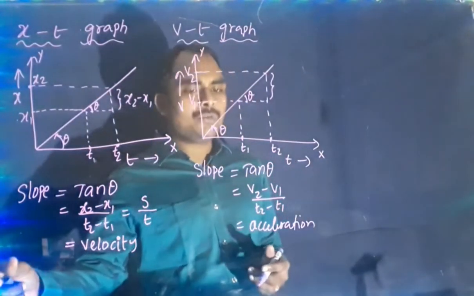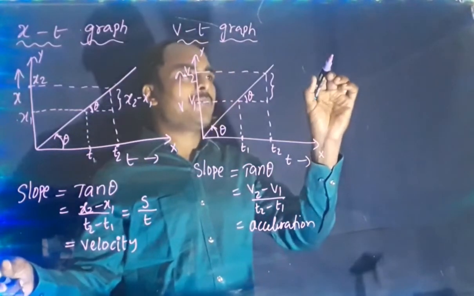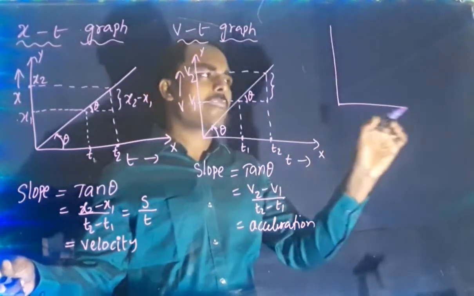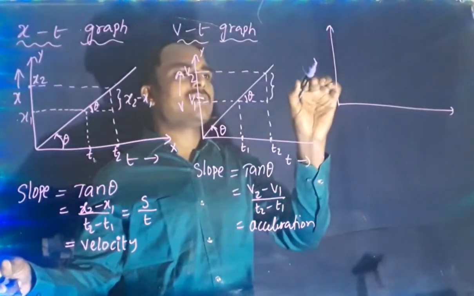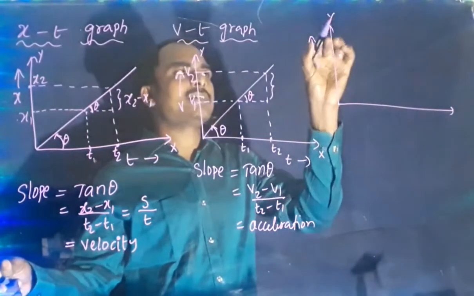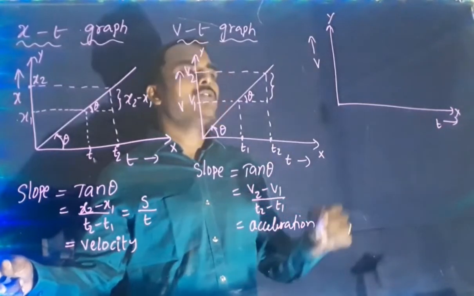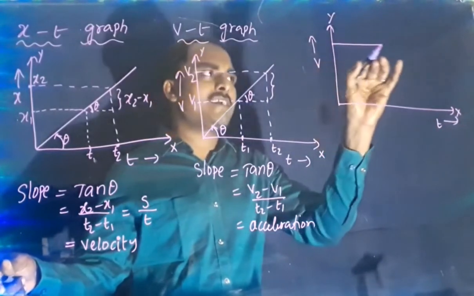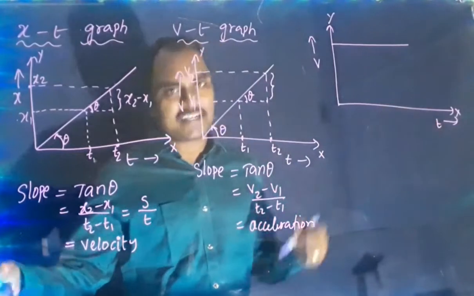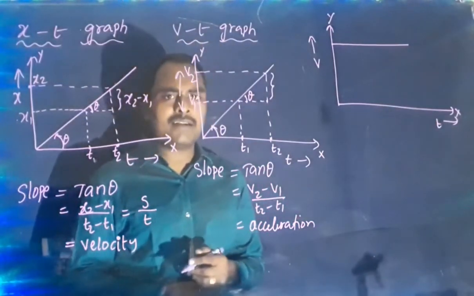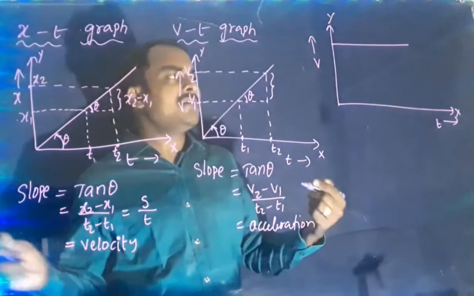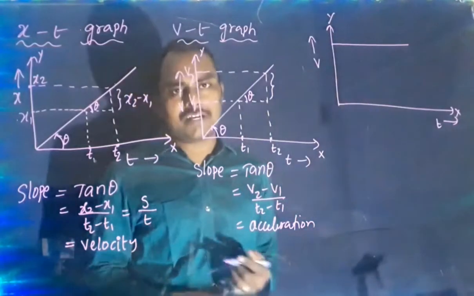Now similar to this, same velocity time graph. Velocity is taken on y-axis and time is taken on x-axis. For example, if the graph is a straight line parallel to time axis, what is the slope of this straight line?